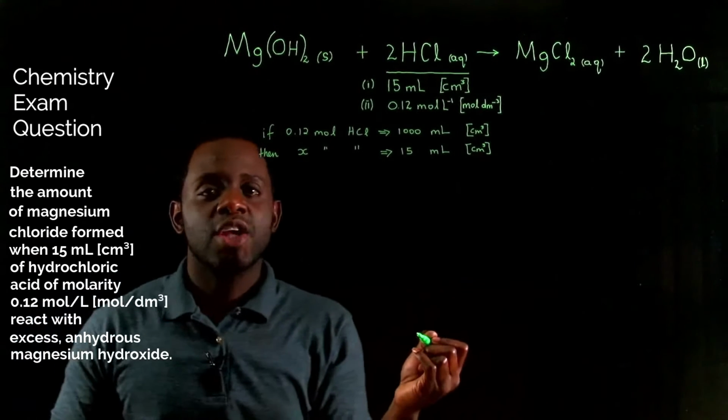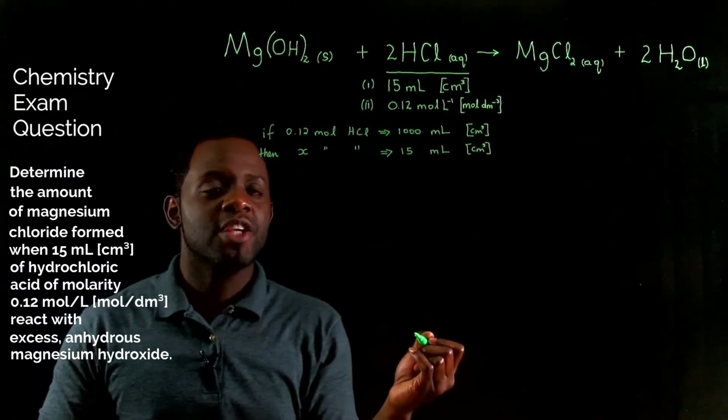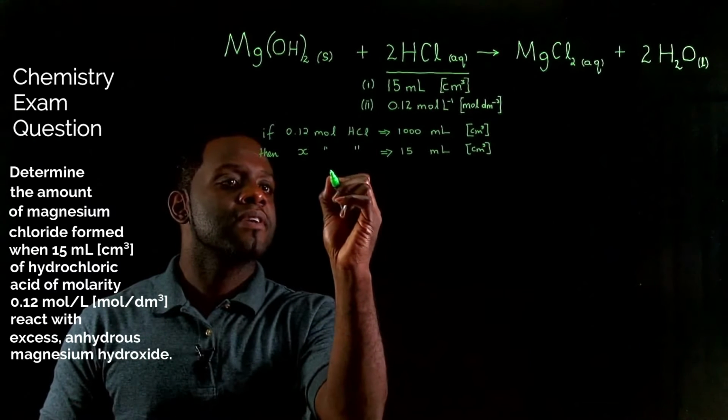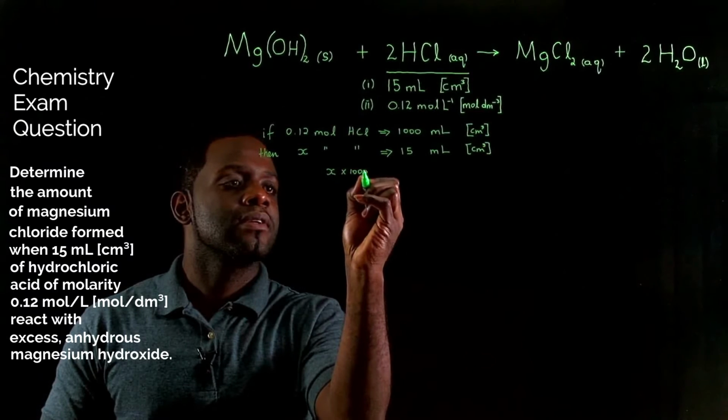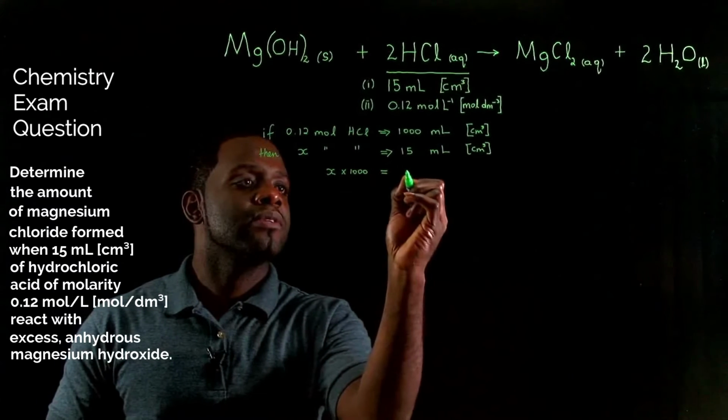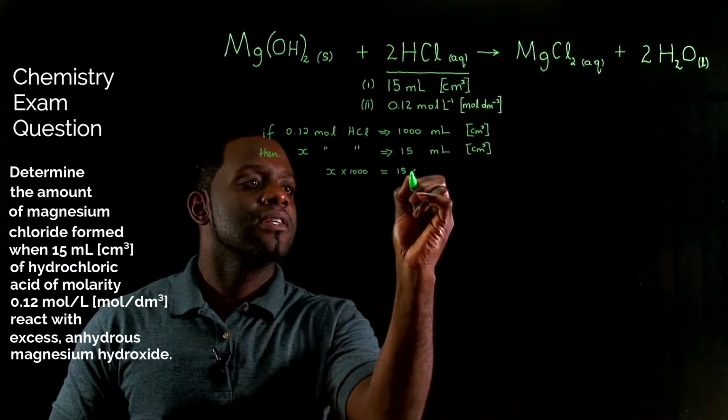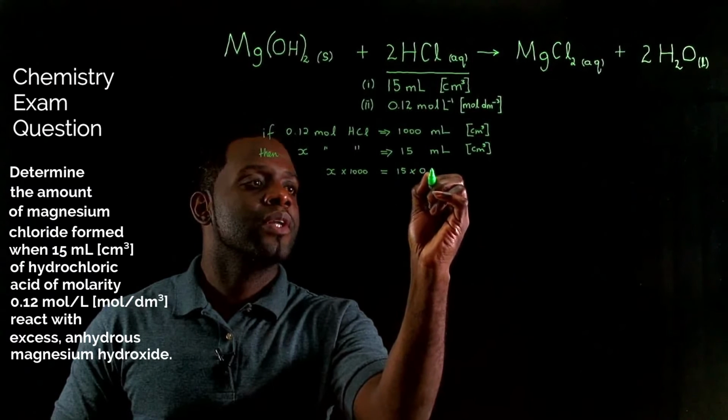Solving for x using the cross multiplication method, we have x times 1000 must be equivalent to 15 times 0.12.